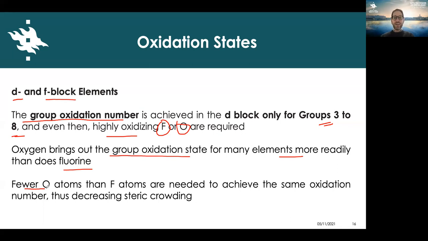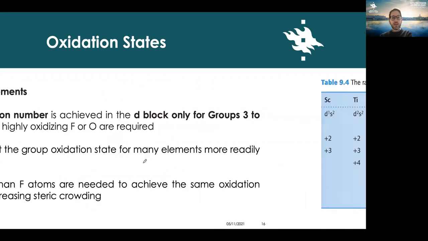So we need fewer oxygen atoms around the metal of the D block to achieve the group oxidation number. This reduces the steric crowding, so that's why oxygen is more effective in this way.